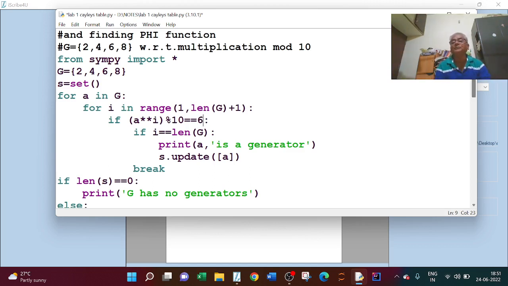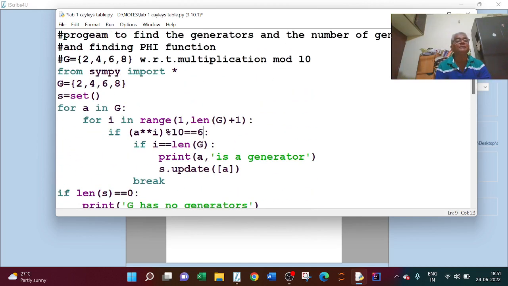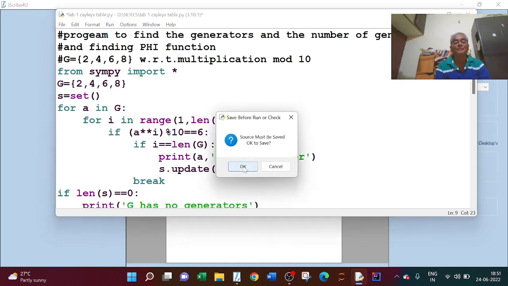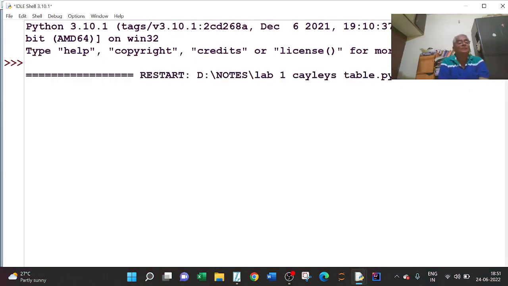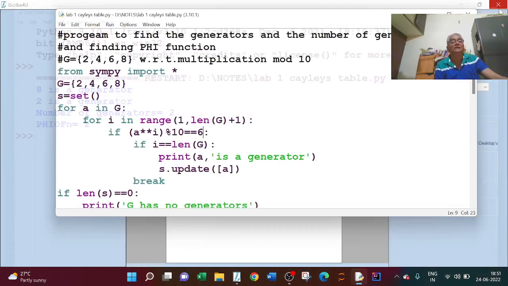The rest will be the same. Running this program, 8 is a generator, 2 is a generator, number of generators equal to 2, and pi function value is also equal to 2. Okay. Next I will go to another example.